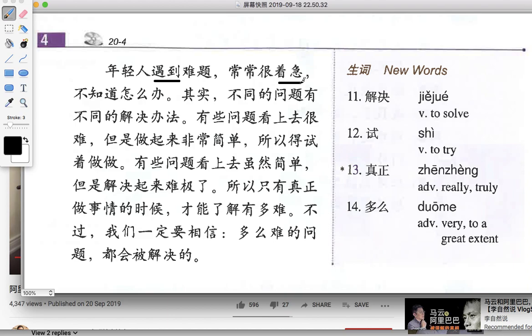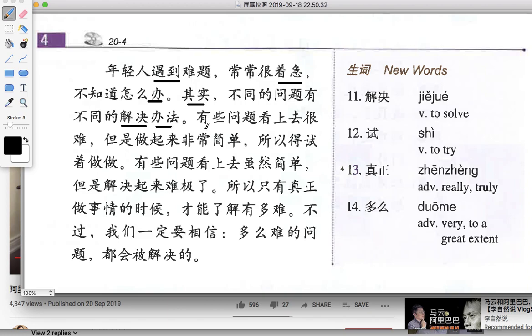It means something that you're supposed to be able to solve, but you're not. So you're a bit anxious, you're worried. 不知道怎么办, how to deal. They don't know how to deal with it. 其实, actually, 不同的问题有不同的解决办法。解决, resolve, 办法, method, the way to resolve things.